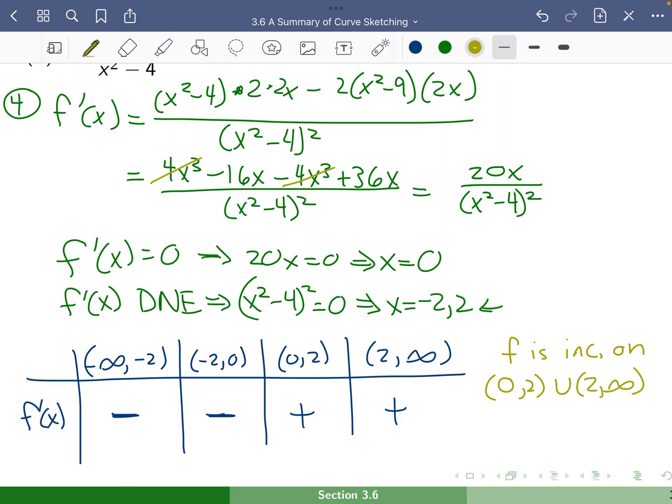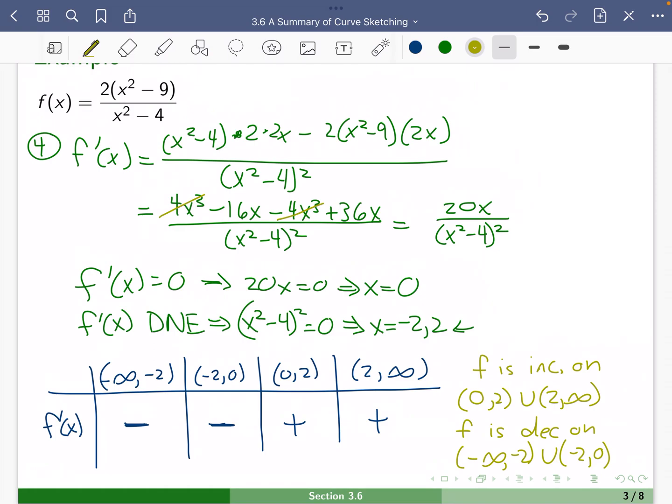Now, you might be tempted to say, oh, it's increasing from 0 to infinity, but remember, 2 is a vertical asymptote, so it can be increasing and then take a jump way down and then start increasing again. And f is decreasing on the interval from -infinity to -2, along with -2 to 0.